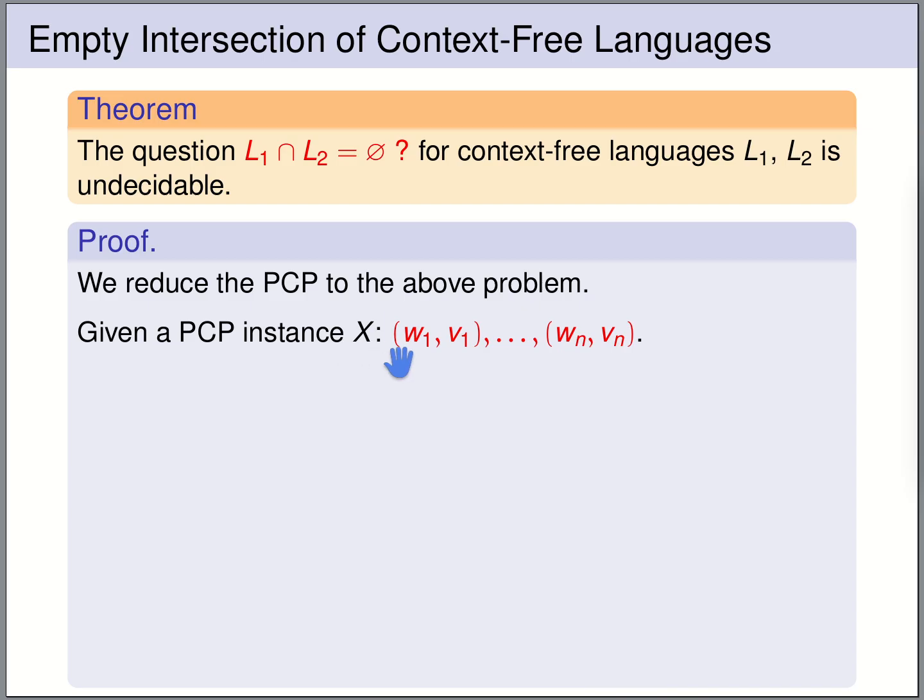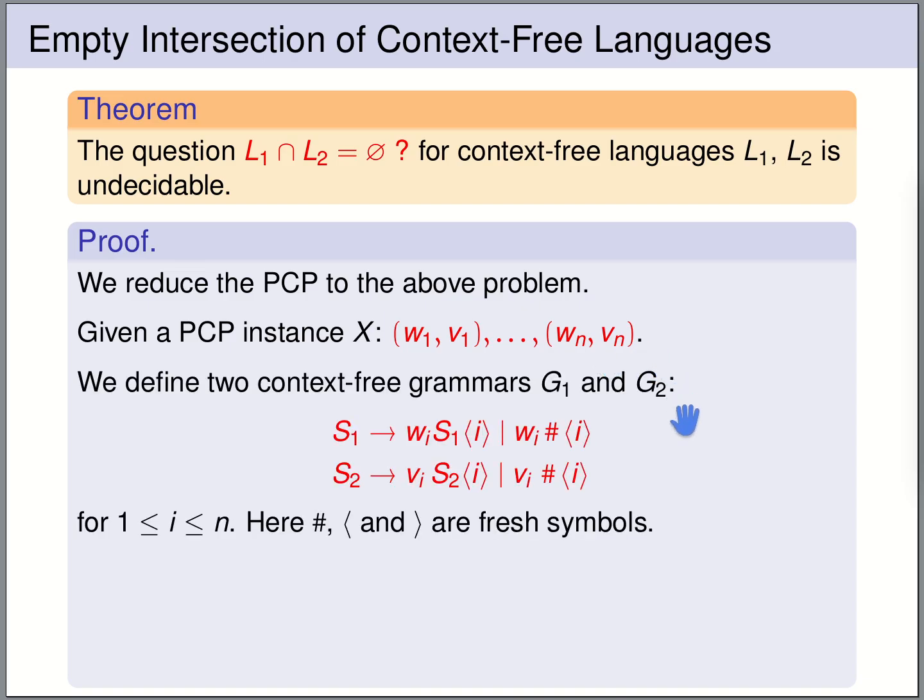So let's start with an instance of the PCP. We are given n pairs of words, w1, v1 up to wn, vn. And now we are going to construct grammars, G1 and G2, in such a way that their languages intersect if and only if this PCP instance has a solution. The grammar G1 contains the following rules.